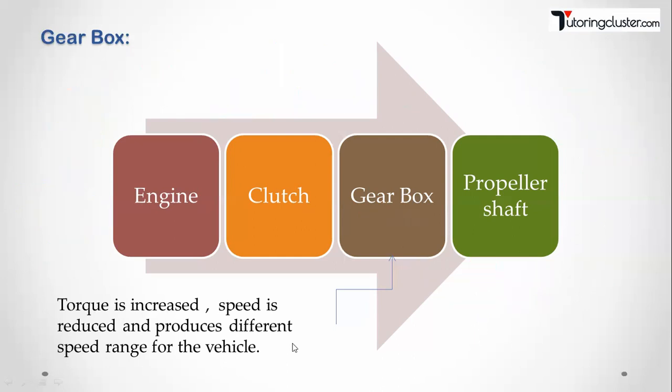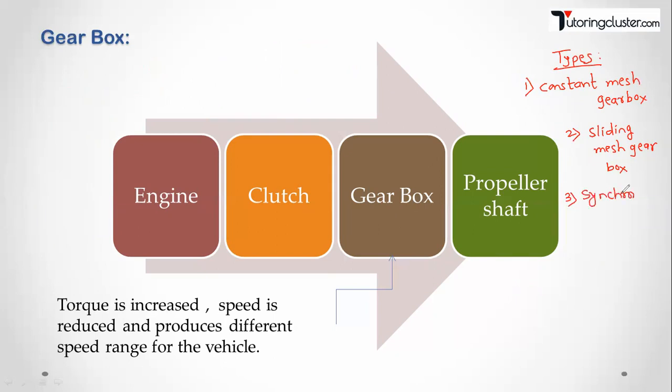Now, there are different types of gearbox that you should know. First is constant mesh gearbox. This is just for information. Second is sliding mesh gearbox. And third one is synchro mesh gearbox.